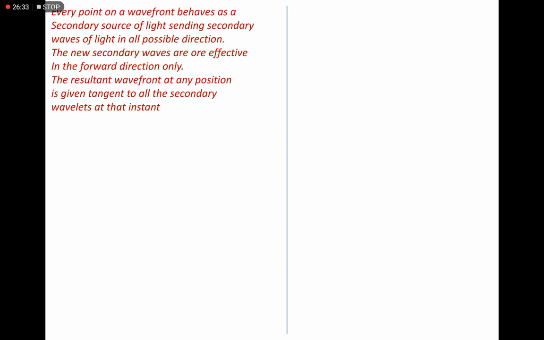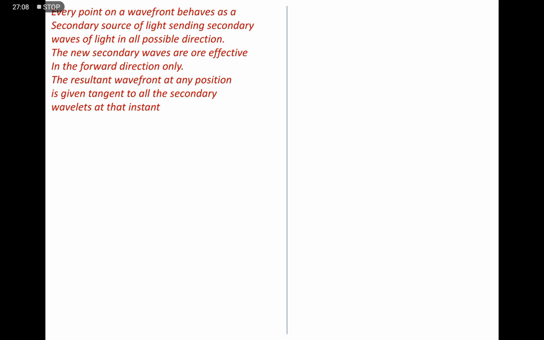On the wavefront, different points are there, meaning light waves reach the wavefront, and these points act as secondary sources of light, and they start to emit secondary waves in all possible directions. This is the first part.